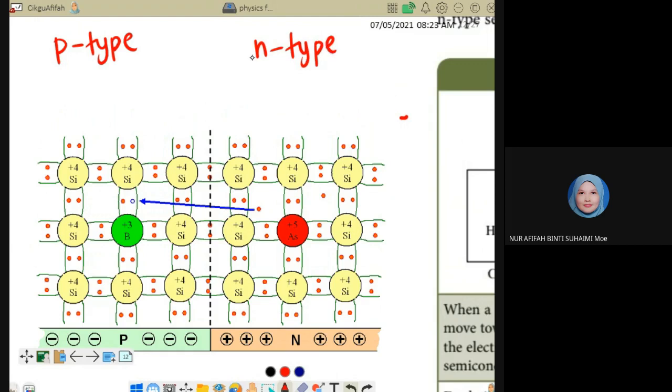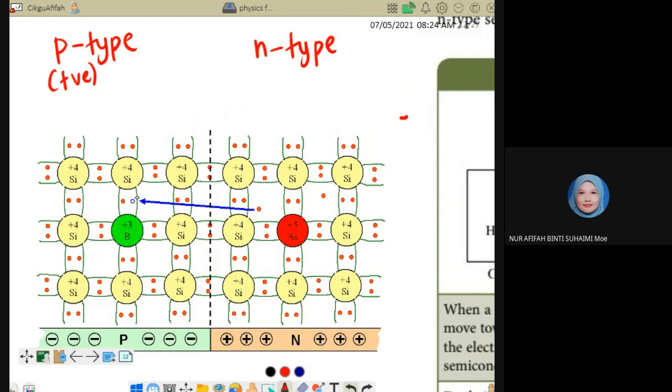P is positive and N is negative. The positive-type semiconductor has extra holes. The small blue ones are holes.